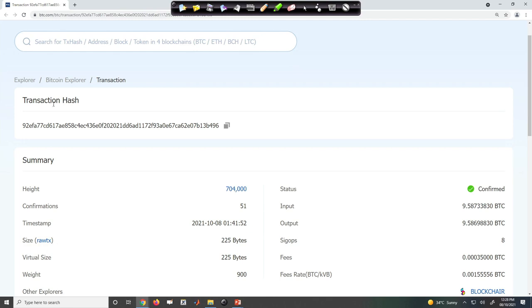If you see at the top, this is a transaction hash, and this transaction is part of block number 704000. You too can take a look at the same block by going to btcd.com, and you can figure out that it has this particular transaction. This is one of the several transactions in this particular block.